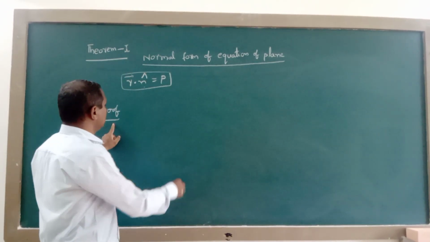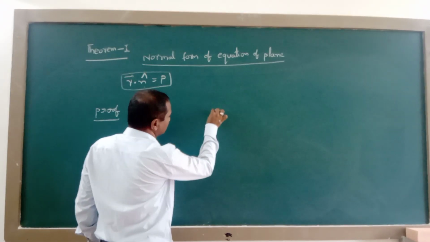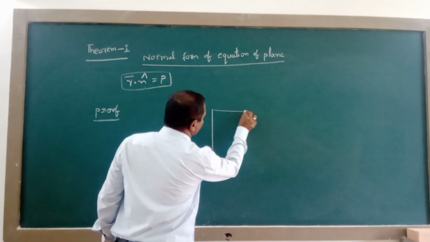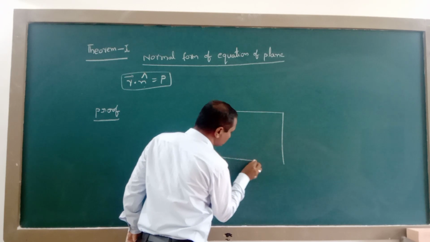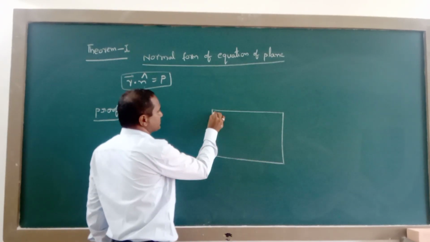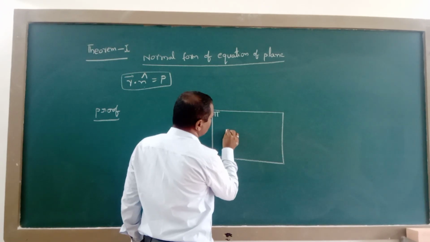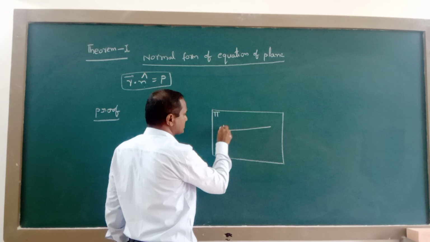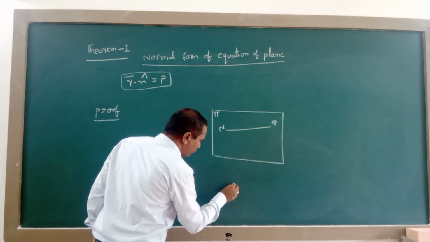First, for the proof in vector form, I am going to draw the diagram. This is the one plane. We consider the plane as pi, and here is a line segment NQ.